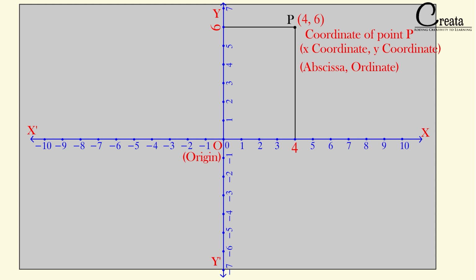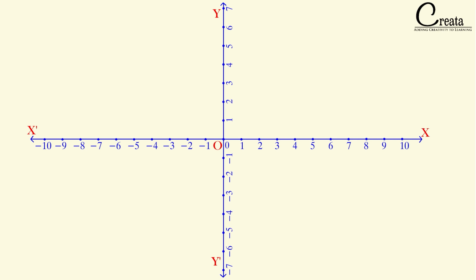For more clarity, let's take some more examples. Let's take this point Q. We have to find the coordinate of this point. We will use the same fundamental. We will draw the perpendicular line toward the x-axis as well as toward the y-axis.